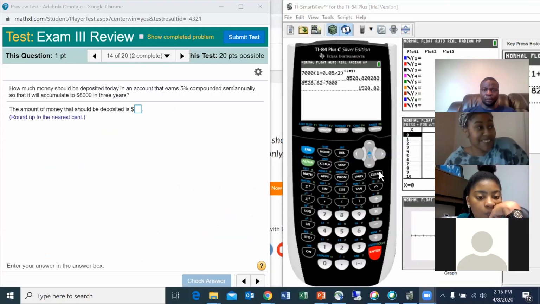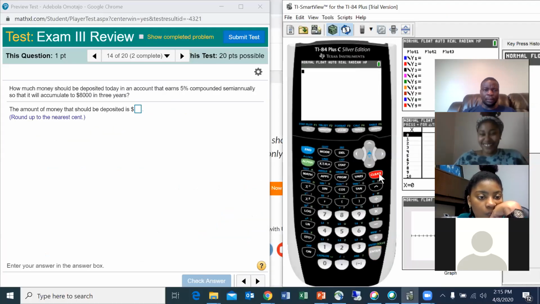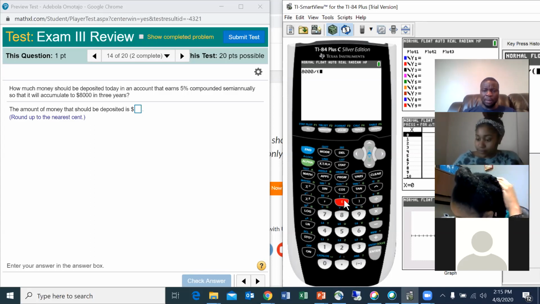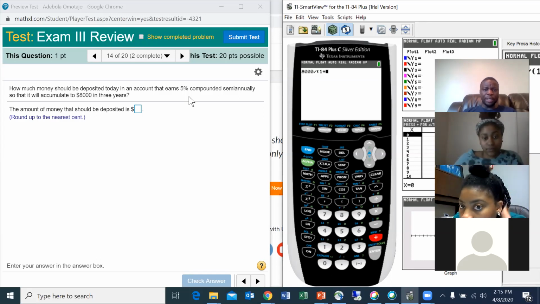So we start with A, which is the future value. In this case, the future value is 8,000. So you type 8,000. And then you do divided by, then you open parentheses, 1 plus R, which is the interest rate of 5%. So in decimal, that is 0.05, divided by N. This is semi-annually, so N is 2.